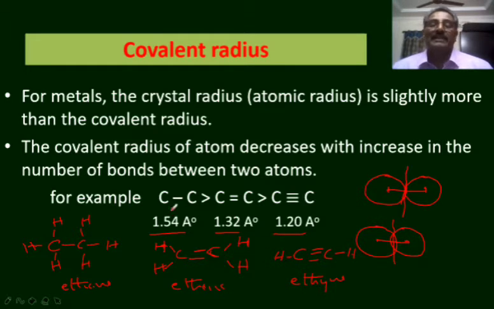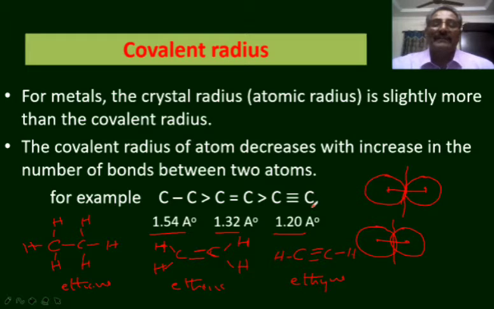Here we can observe that the carbon-carbon single bond is longer than the carbon-carbon double bond, which is longer than carbon-carbon triple bond. That means the atomic radius of carbon in the compound containing carbon-carbon single bond is more than that in the compound containing carbon-carbon double bond, which is more than that in the compound containing carbon-carbon triple bond.